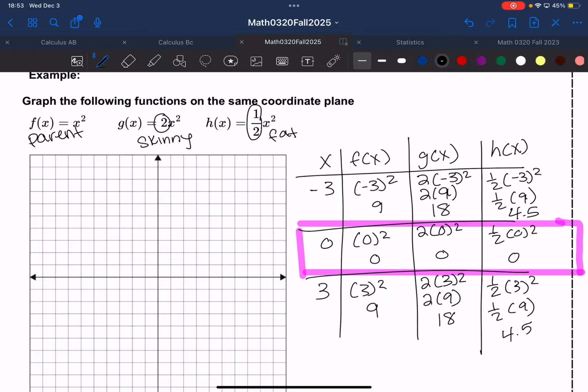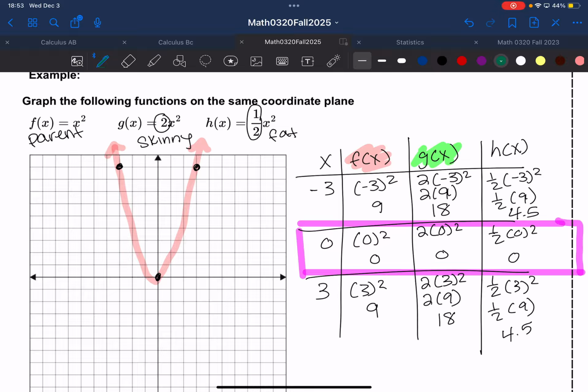Okay, so starting with the parent function, I have negative 3, 9, 0, 0, and positive 3, 9. That is my parent function. Then g of x.